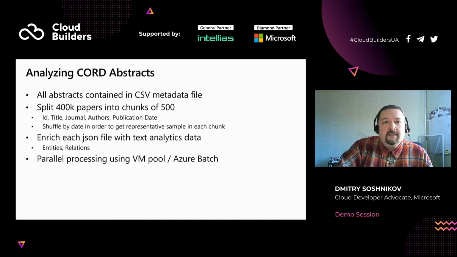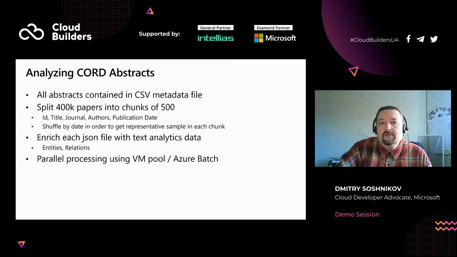To analyze the papers, we actually did not analyze full texts of papers. We analyzed abstracts to begin with. We split 400,000 abstracts into chunks of 500 and analyzed each chunk independently using a set of virtual machines. On one virtual machine, it would take maybe one day, like 24 hours, to process.